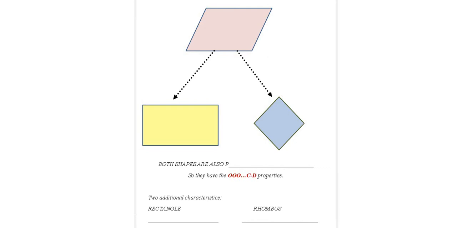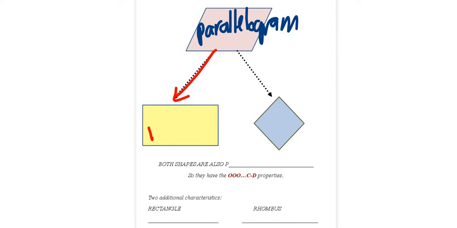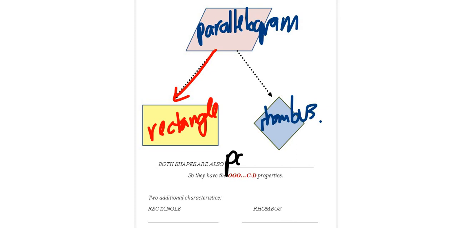Now, here we have a parallelogram. So part of the parallelogram family is a rectangle. And then you have a rhombus. So they have all the qualities of a parallelogram. It's very important. In other words, they have all the OCD qualities.